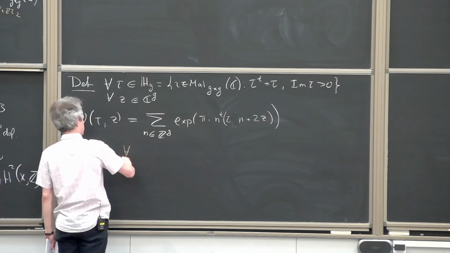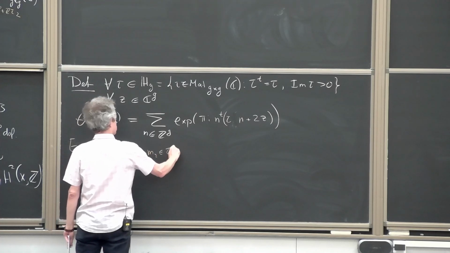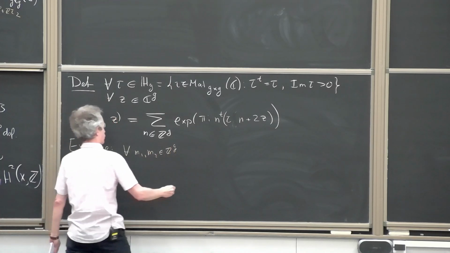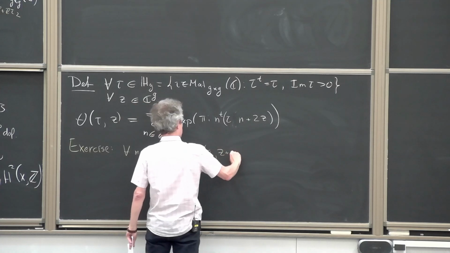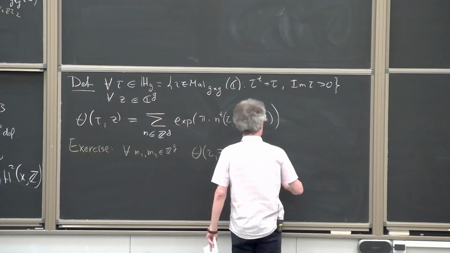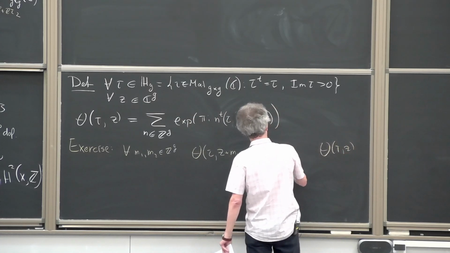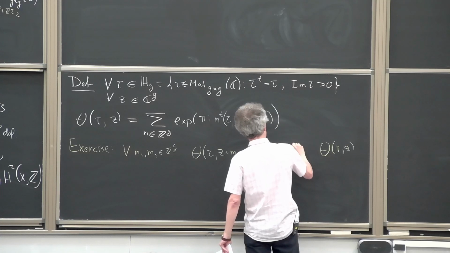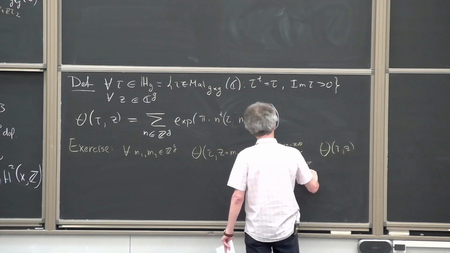It says the following, that for any m1, m2 integers, theta of tau, z plus m1 plus m2 tau is equal to theta of tau, z times some non-zero factor depending on m1 and then m2.